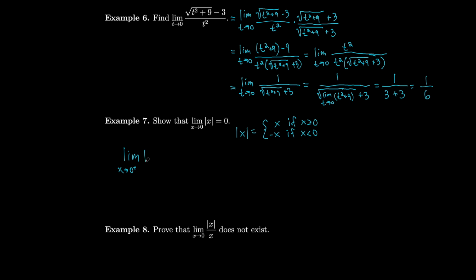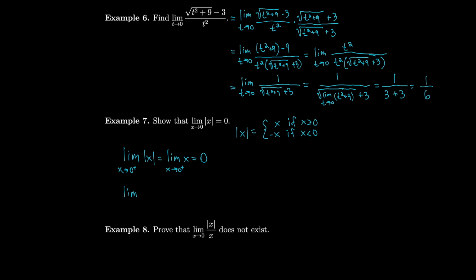If we look at the right-handed limit of absolute value of x, that means that we're going in from above 0. So we're only looking at this first rule for our piecewise function. So that means that we're only considering x where the absolute value of x equals x. So we can just plug in and get 0.